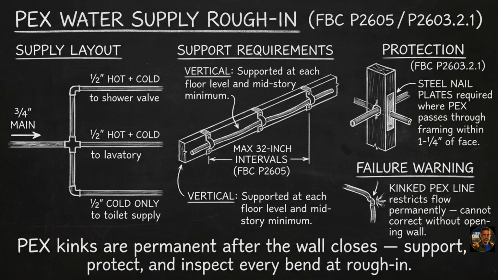FBC P2603.2.1. A kinked PEX line at a bend restricts flow permanently. It cannot be corrected without opening the wall. Every kink found at the pressure test is behind drywall that has not been hung yet.